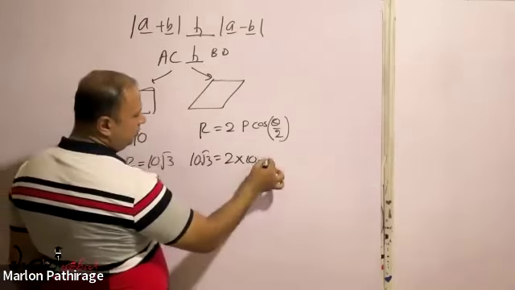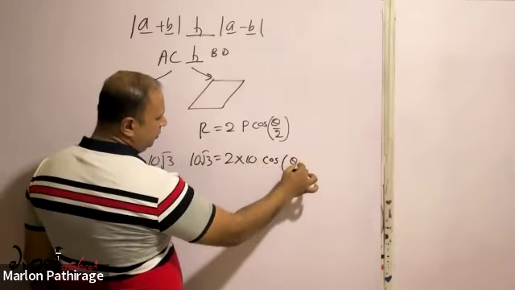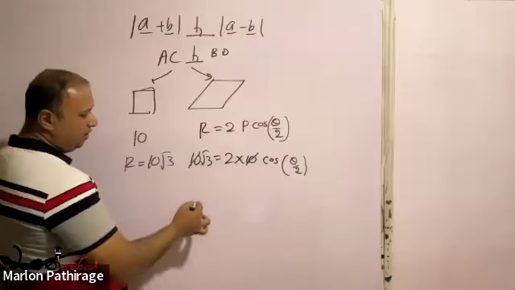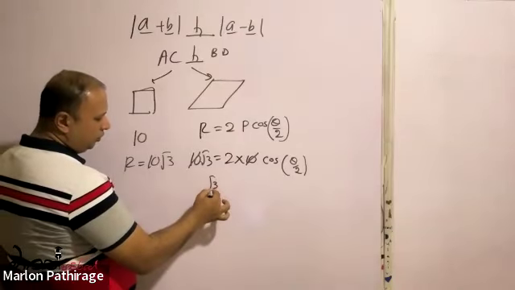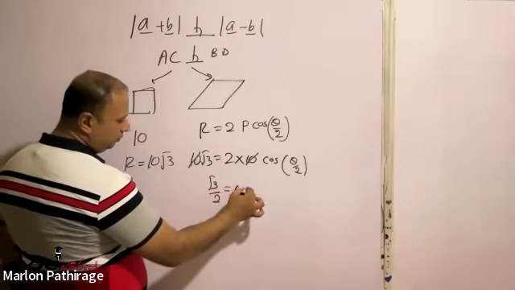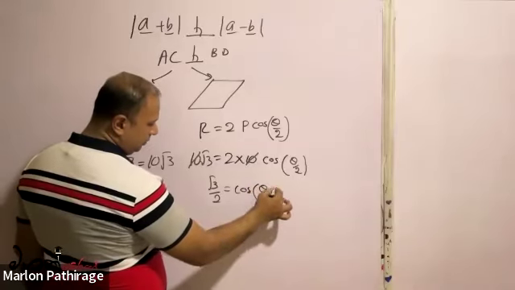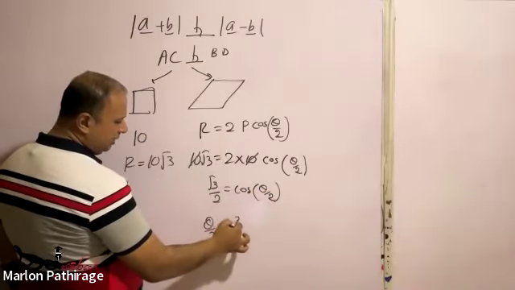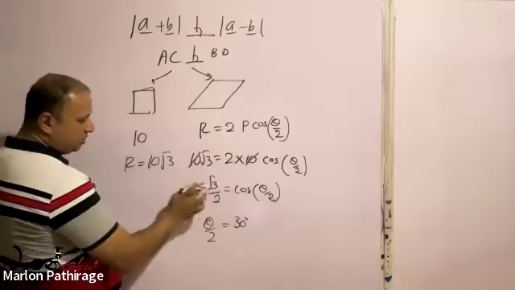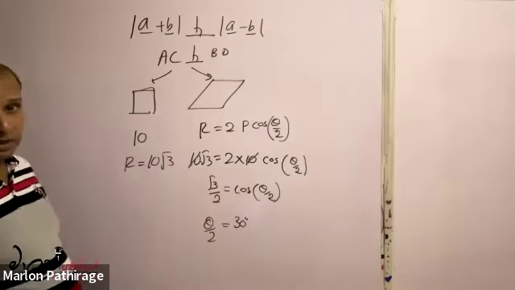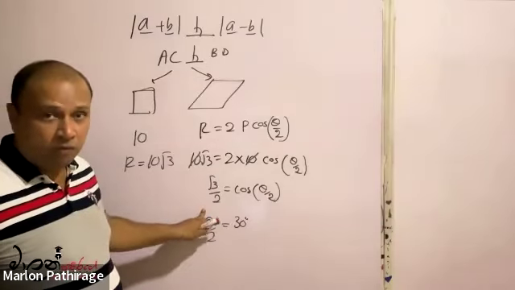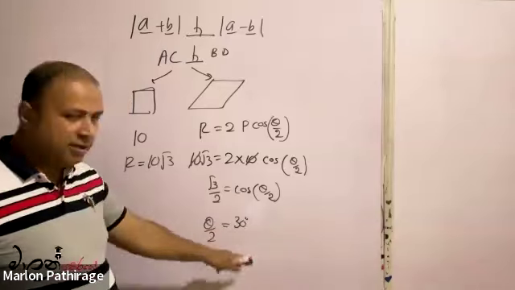Therefore, cos theta over 2 is equal to root 3 over 2. If the cos value is root 3 over 2, the angle should be 30, so theta over 2 is 30.